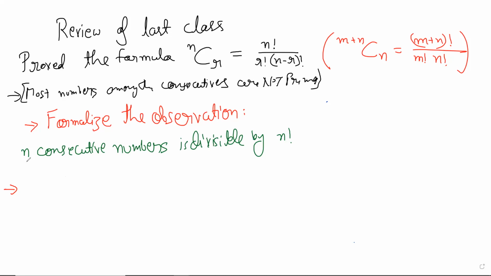Since I've already taken N here, let me just start with M, and let me end with M plus N. Or let's not do it. Let me not be artificial. Let's just do it the way you would do it.